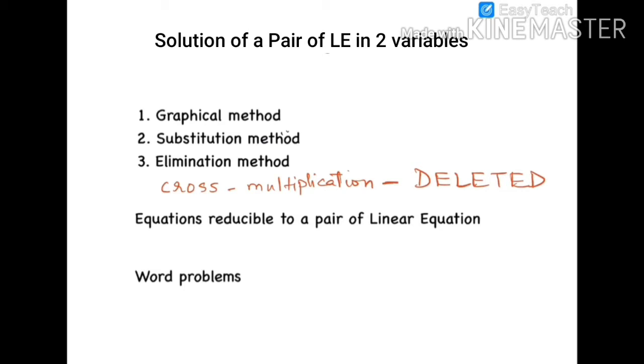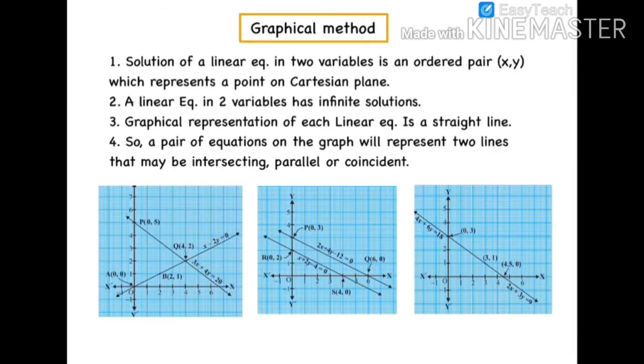Further in the chapter, we studied how to reduce equations and write them in standard form so that we can use one of these methods to find the solution. And we also learned how to extract equations from word problems which are based on real life situations. So let's go over these methods one by one.